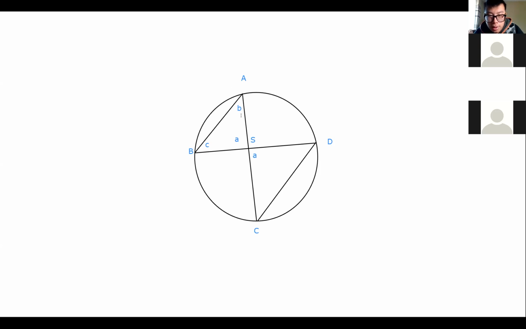So this triangle ABS has angles A, B, C, and I'm also trying to prove that this part over here has angles A, B, C as well. Let me figure out how I prove that. Sorry guys, just wait, just trying to remember something.